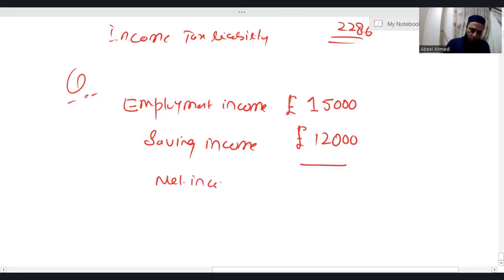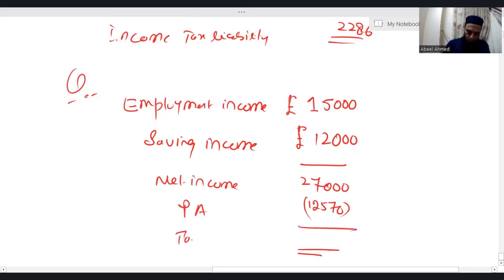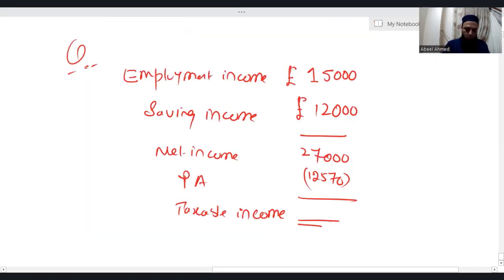So the net income is 27,000. Let us deduct personal allowance 12,570. $14,430. Taxable income is 14,430.